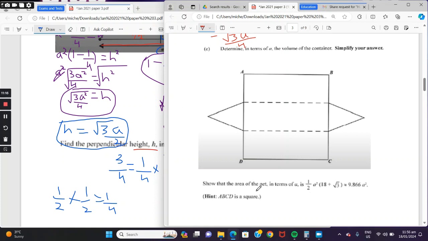So the net they talk about is the area of the full shape, or sometimes they call it surface area in certain questions. But before we do that, we first need to find the volume, and then we can work on this part, right? So we're going to find the volume.